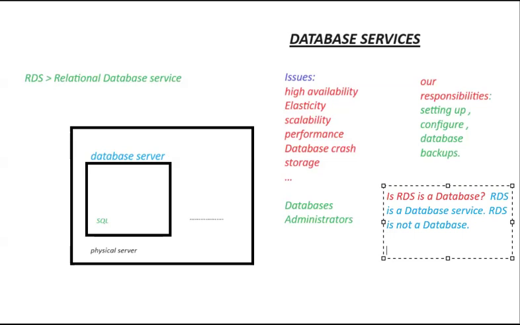So what do we call the database instances which we create from RDS? We call them RDS database instances. What is this DB, sir? It's a short form of database.